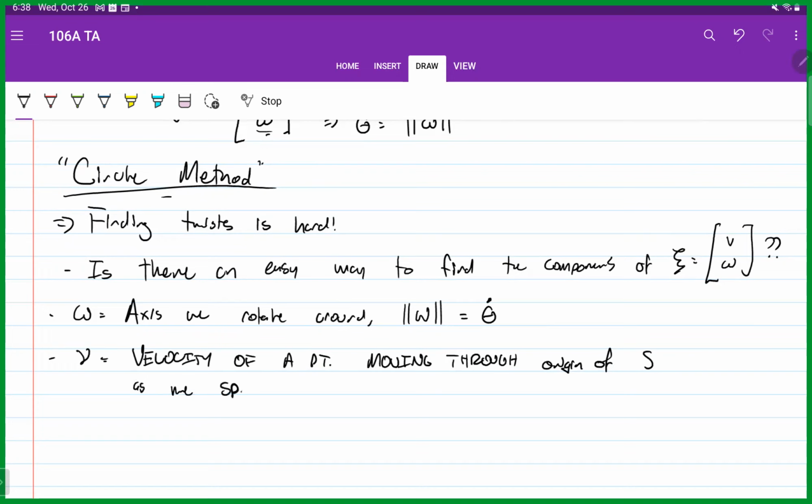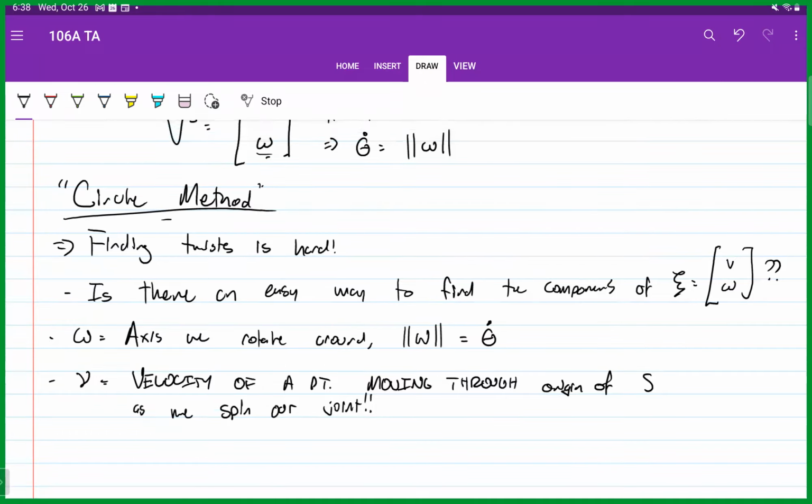This is something that'll make a lot more sense in just a sec when we scroll back up to the picture, but I'll give you guys a sec to write this down first. Whenever you hear the circle method, just remember, it's just a shortcut for finding the components of your twist or velocity. There's nothing more to it.